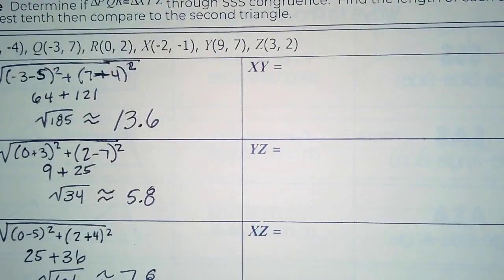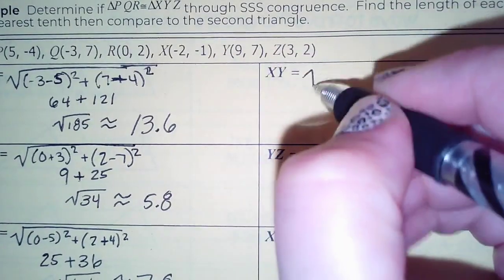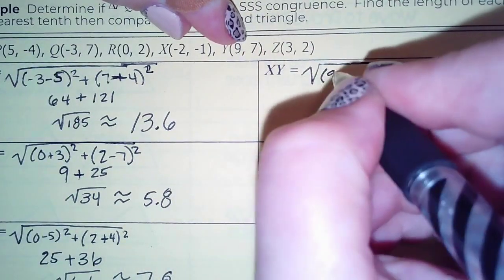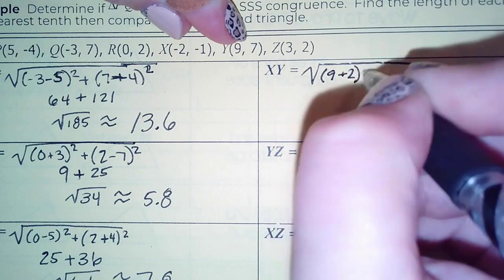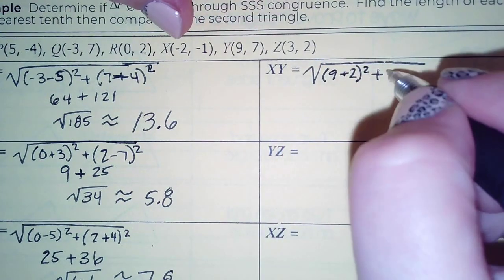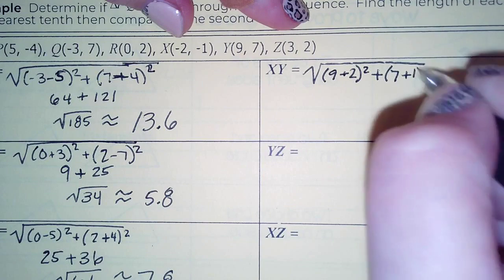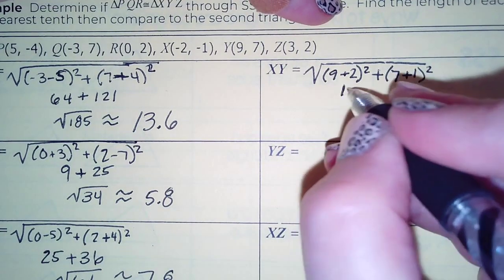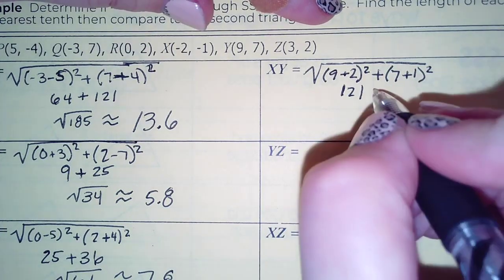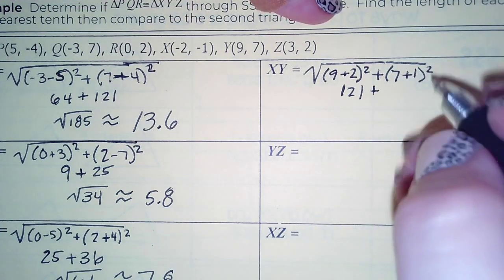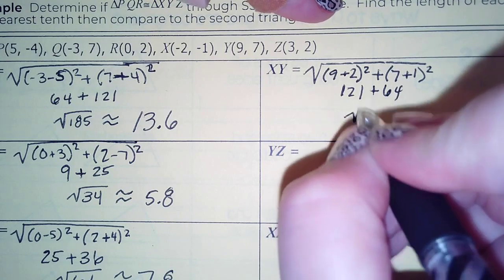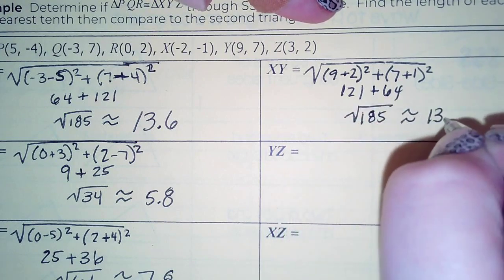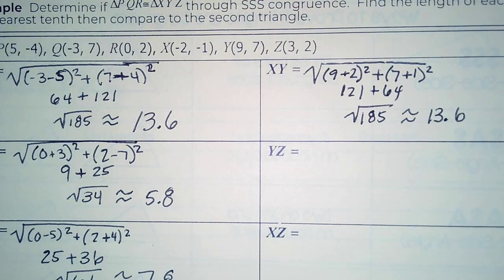So let's go ahead and find XY. For XY, I'll do 9 minus 2. So 9 plus 2 squared plus 7 minus -1, so 7 plus 1 squared. 9 plus 2 is 11. 11 squared is 121 plus 7 plus 1 is 8. 8 squared is 64. Square root of 85. That approximates to 13.6.